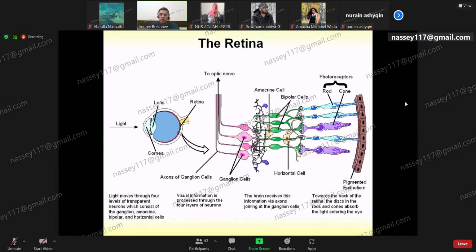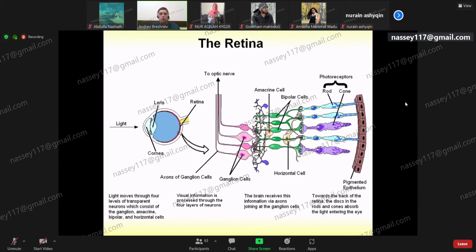So you see that there exists a difference in function of the two types of photoreceptors. Rods, one more time, are responsible for vision in dim light and for peripheral vision. Cones are responsible for central vision, for vision in bright light, the so-called photopic vision, and also for color vision.